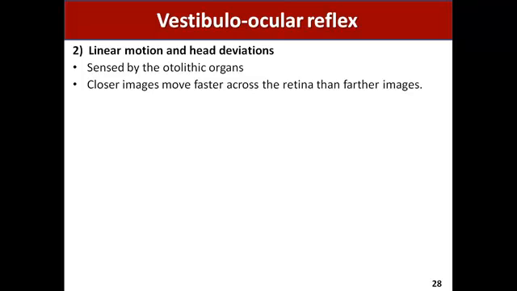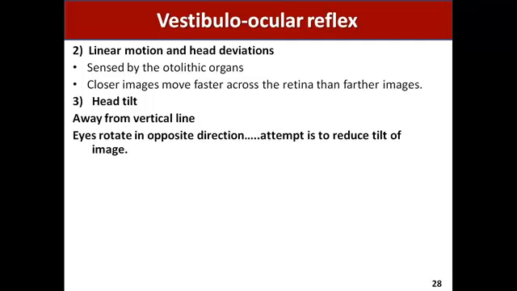Closer images tend to move faster across the retina than farther images, so this linear motion detection is much more sensitive to closer objects than to farther objects. In terms of head tilts, we think about movement of the head away from a vertical line, and so eyes will tend to rotate in the opposite direction in an attempt to reduce the tilt of the image.